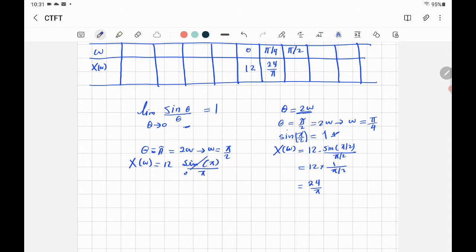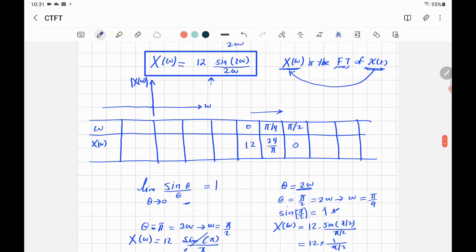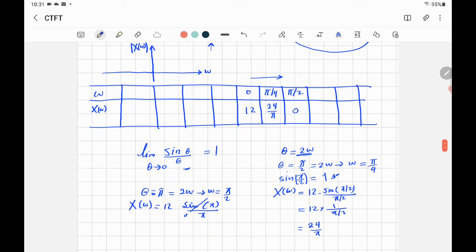Sine pi is equal to 0. So 0 over anything is 0, it will be equal to 0. And you can go ahead and move every pi over 4. Now I will just let you do that. If you have pi over 2 plus pi over 4, that will be equal to 3 pi over 4.